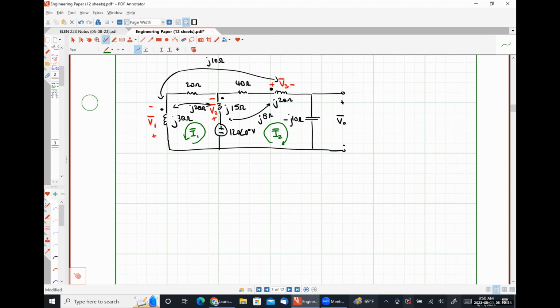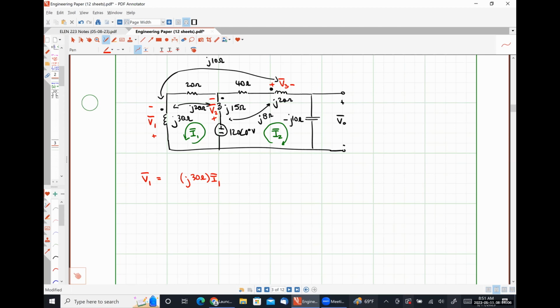Okay, so let's start with V1. We are going to have a self-inductance term, so that's going to be J30 ohms times I1. And then we are going to have two mutual inductance terms. One of them is going to be coupled to the J15.